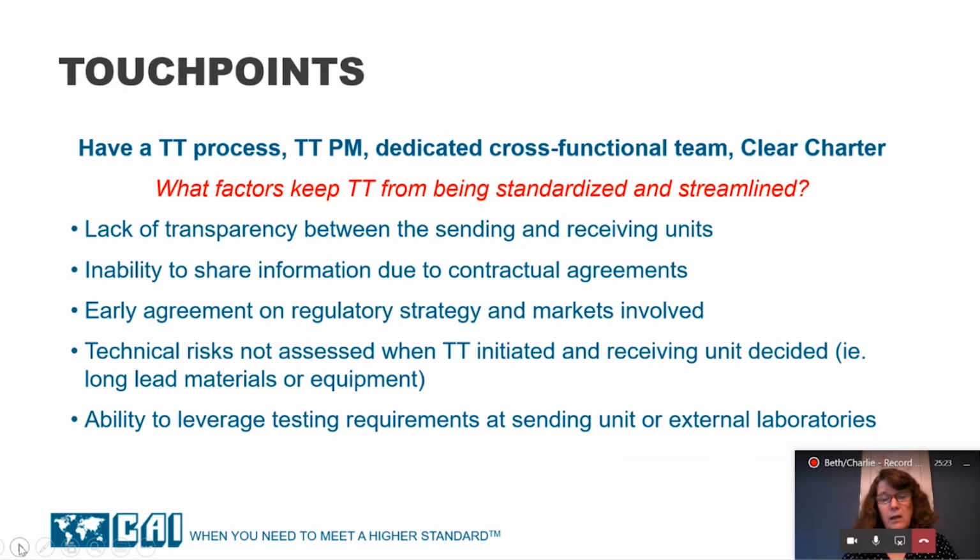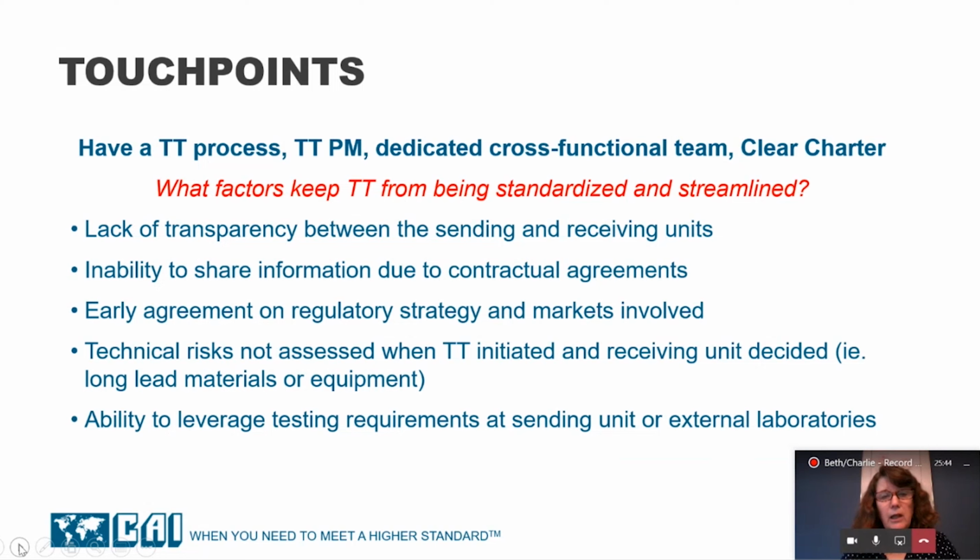And a main aspect in my mind from all the tech transfers I've done is that sometimes there's a lack of transparency between the sending and receiving units. They don't always have the ability to communicate openly, and they might have to use a middleman. So that's a problem because, you know, your knowledge transfer is now playing telephone.